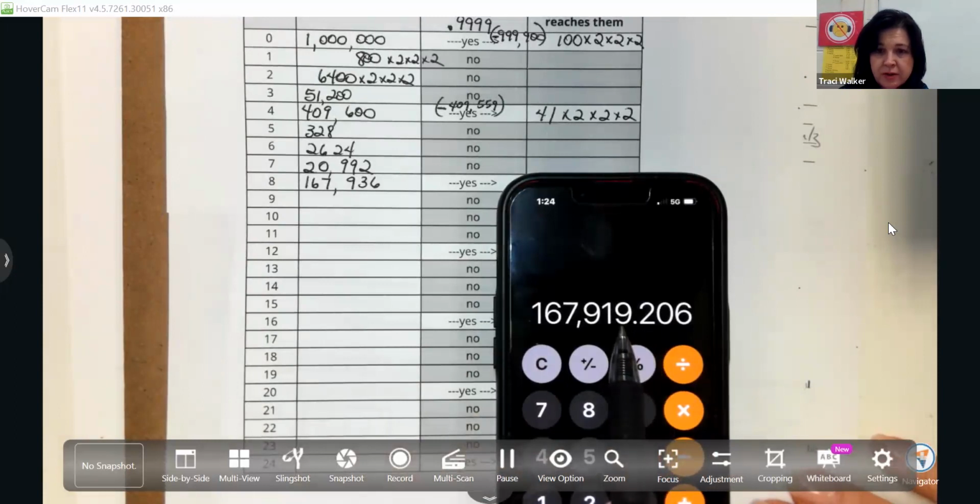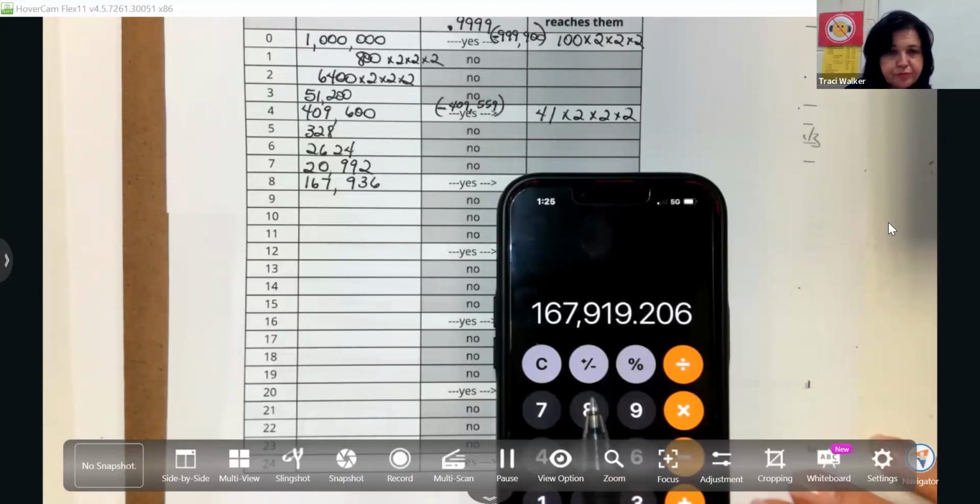Okay, so I'm not going to round up because that's a 2. Now, if this first number to the right of the decimal is 5 or higher, then I'm going to round this number up.